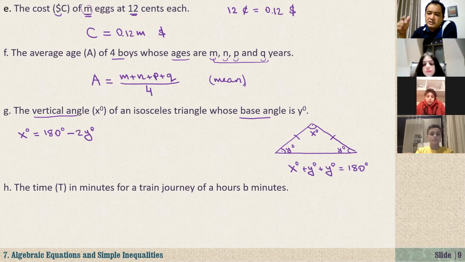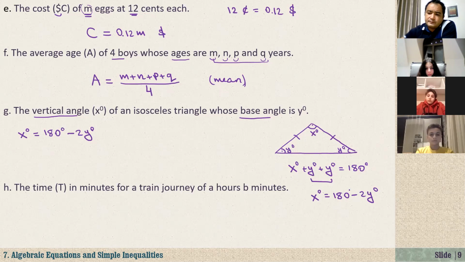The sum of the interior angles of any triangle is 180. So from here, we have to solve for x. This y plus y is 2y. Take it to the right-hand side so that x will be equal to 180 minus 2y degrees.